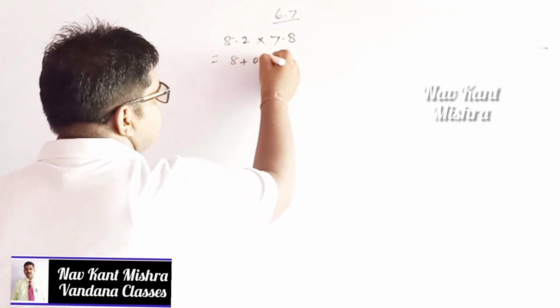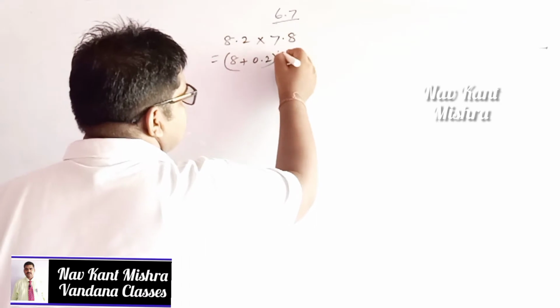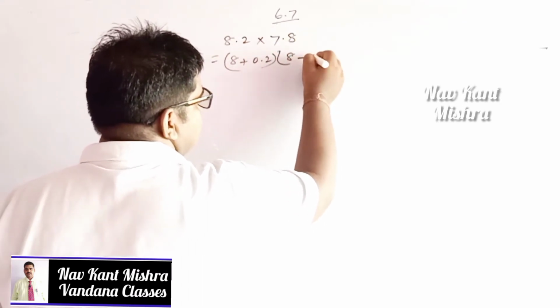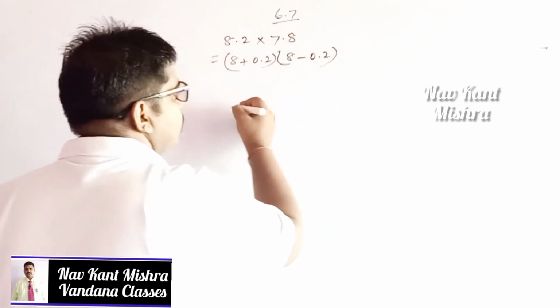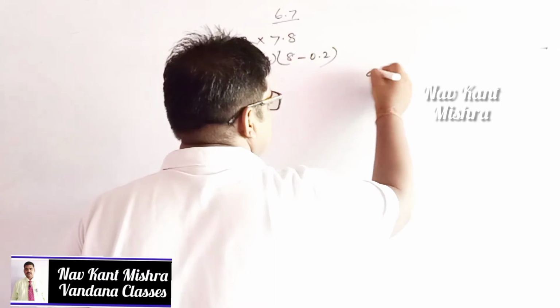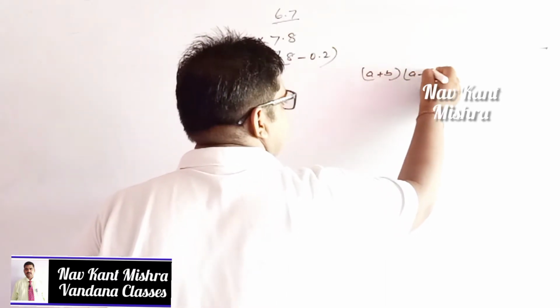it can be written as 8 plus 0.2 into 8 minus 0.2, and it is based on the formula a plus b into a minus b.